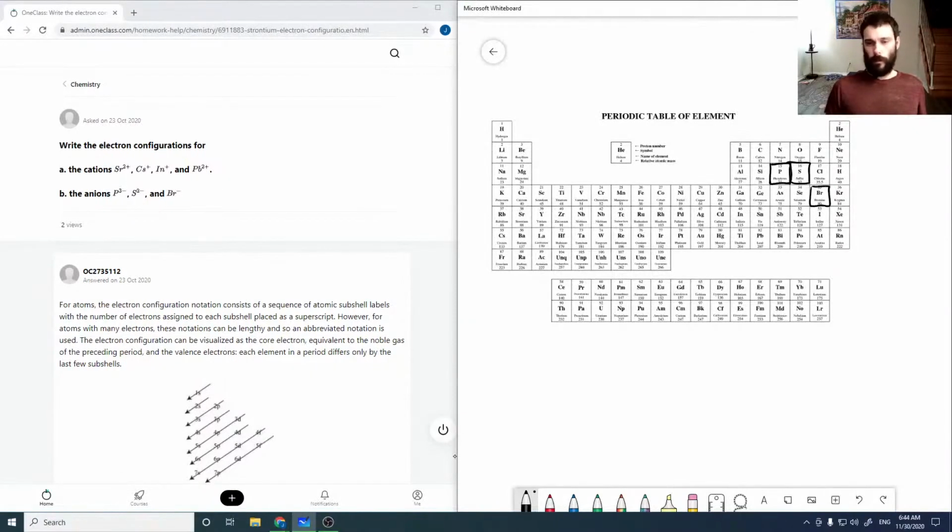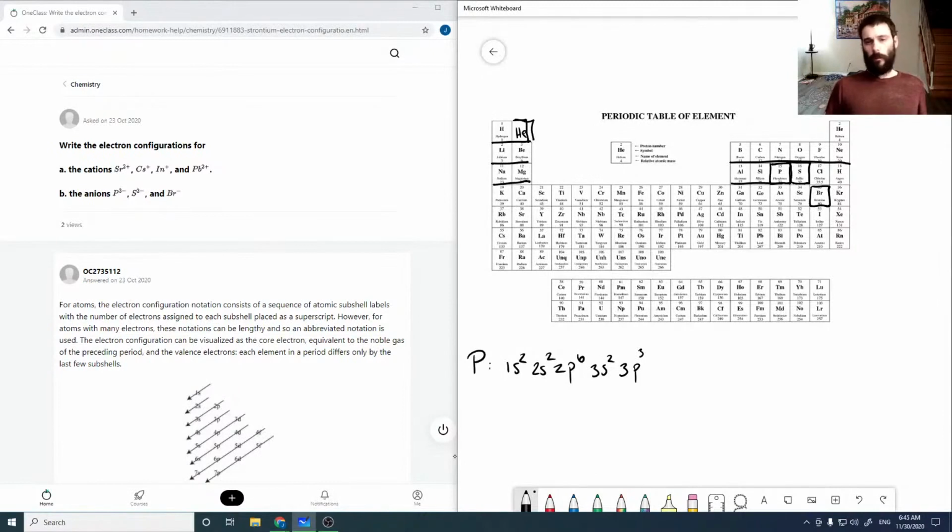So for phosphorus, again, remember that helium should really be over here. So we have 1s2, 2s2, 2p6, 3s2, and 3p3.